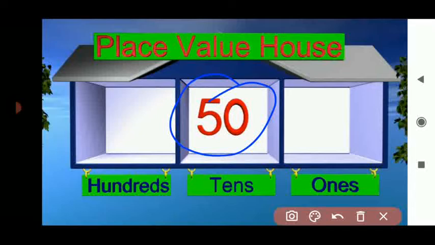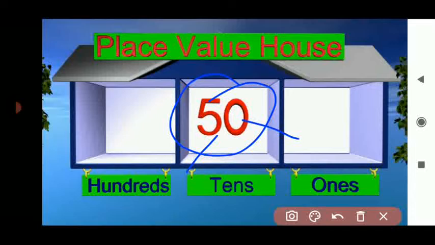We have to put this in the correct place. We have 2 digits in 50, 0 and 5, so they need to be in separate rooms of the house, as there is a rule that only one digit can be in one room.